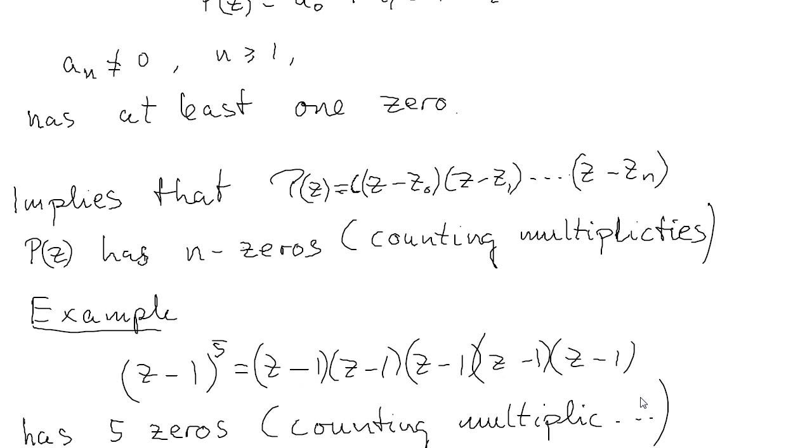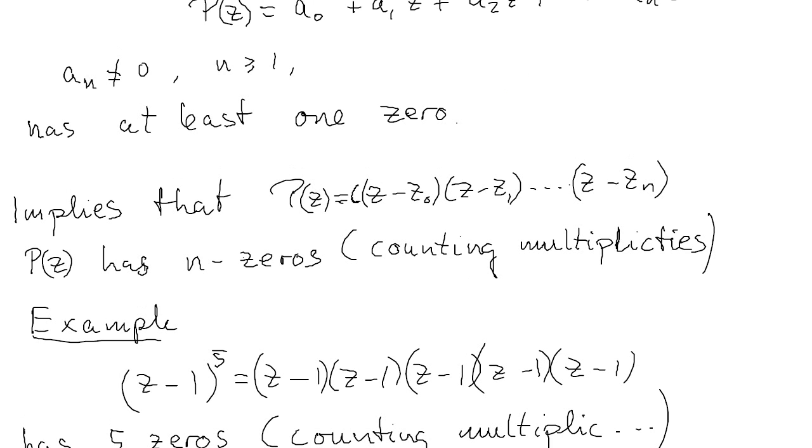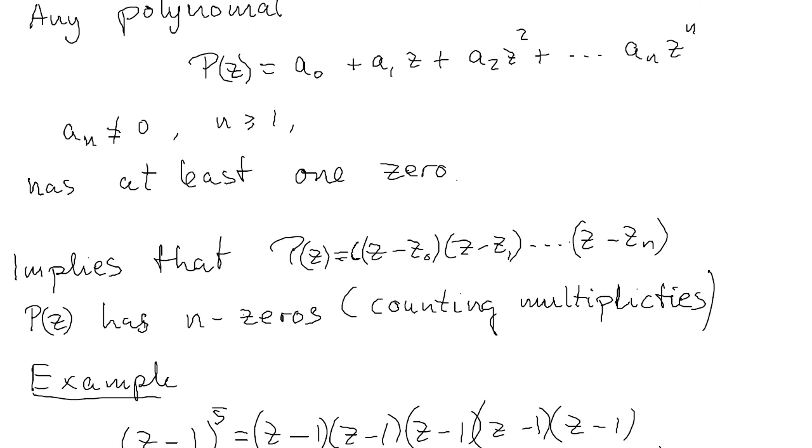We have 5 factors, and what we are saying is that 1 is a zero of this function with multiplicity 5. So in this way of counting zeros, we obtain that any polynomial of order n has n zeros.